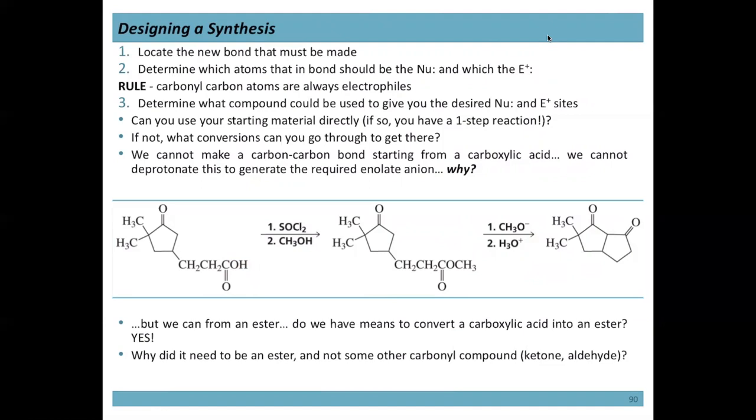So I can quickly turn that carboxylic acid there by SOCl2, making that OH into a Cl group. And then I can do a nucleophilic acyl substitution reaction. I can convert that acid chloride into the ester. And so now I have a good leaving group right there, which is what I need in order to retain the carbonyl in my product.